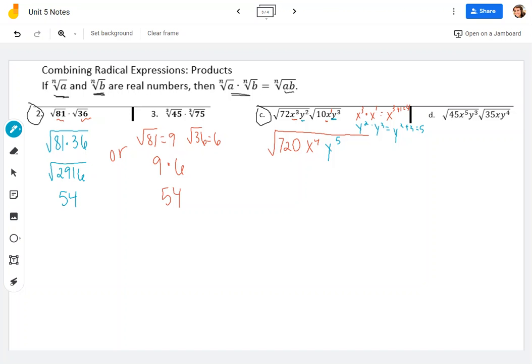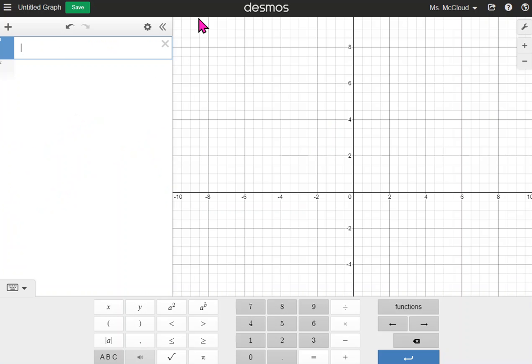So the next thing I need to do is simplify all this information I have. First, I see the 720, which is a very large number. So I'm going to go ahead and just see if it's a perfect square. Unfortunately, it is not. It gives us a decimal. So I need to find some factors of 720, and ideally one of them might be a perfect square.